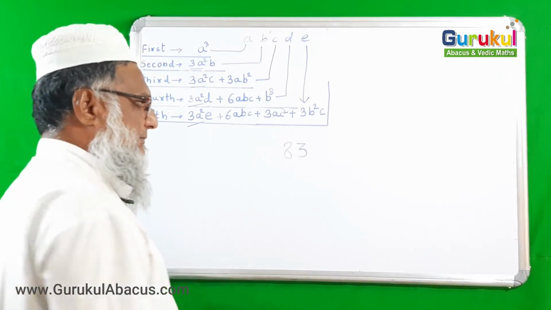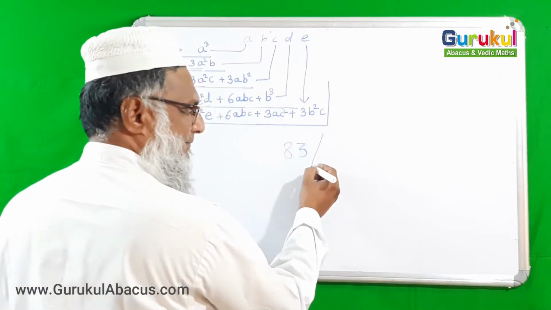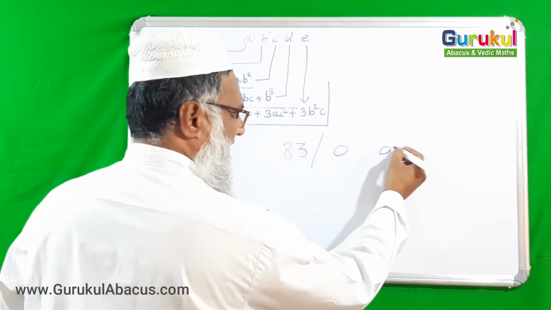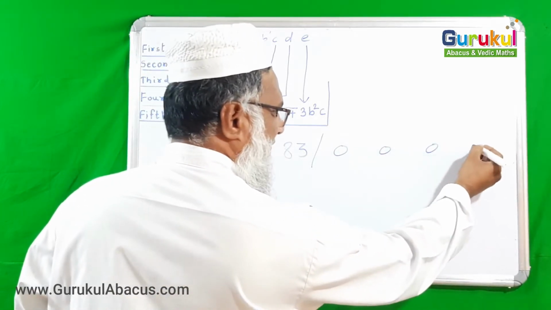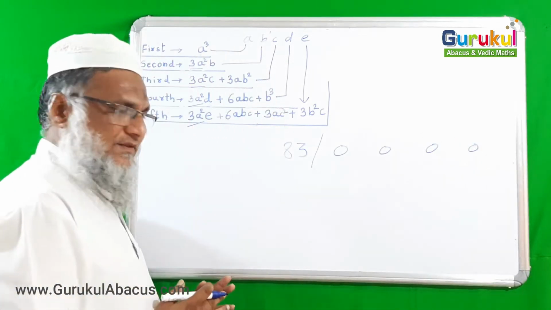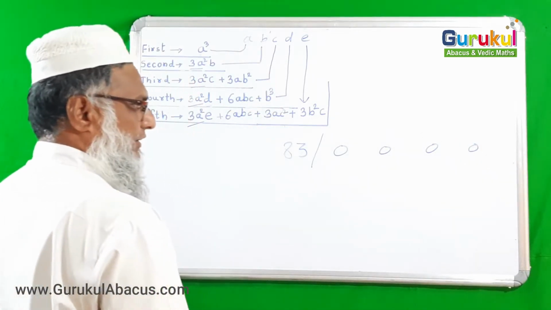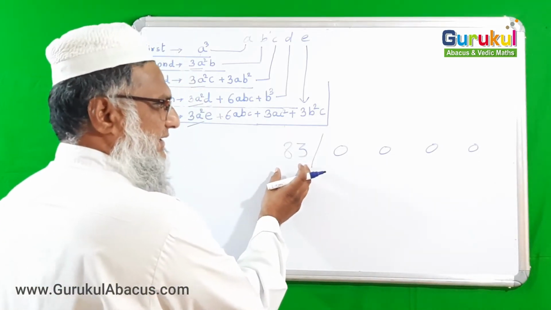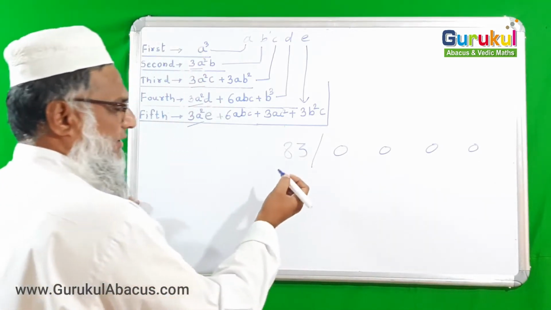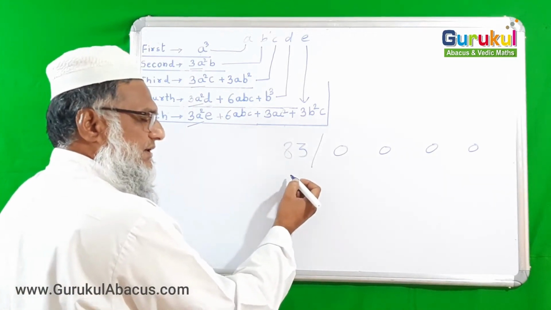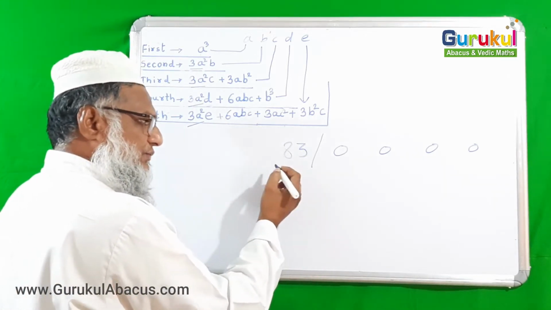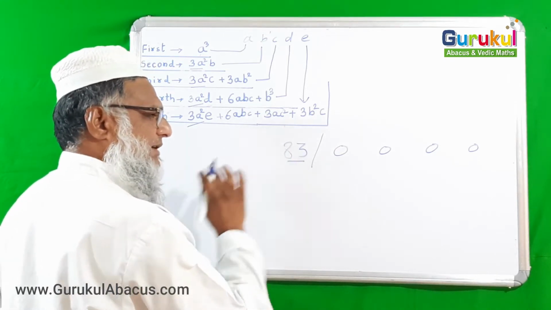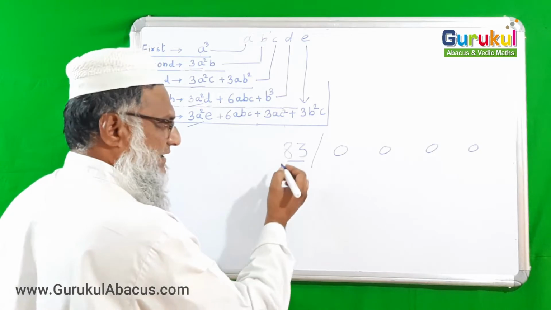Very simple. Firstly we put one cross line. After 83 nothing is there, so for further solving I am putting some zeros, as per the method. Then I think of this as my first pair, and think which cube number is near to 83 and can also be subtracted from it. Definitely 64.